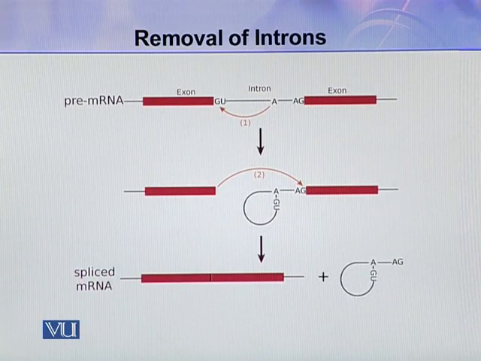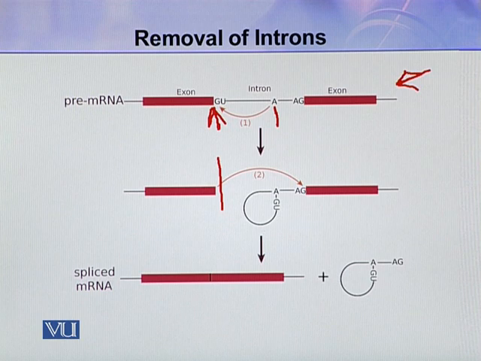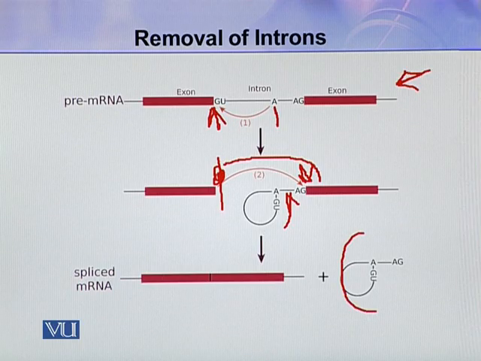So in this figure you can see pre-mRNA, and this is A in the branch point, and this A attacks the G here, and after this attack the G from here is broken down and this G then binds with this A. And in the second transesterification reaction, this group at the 5' splice site attacks the G at the 3' splice site, and in this way this intron is broken and gets separated, and these two exons, 1 and 2, are then joined.